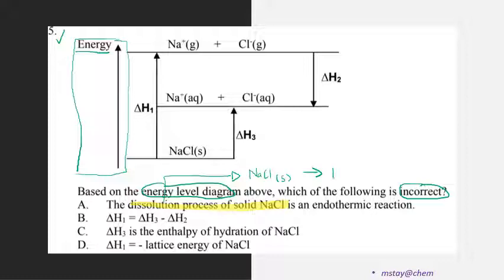Once dissolved in water, it will produce Na+ aqueous and also Cl- aqueous. When we look here, this is the NaCl solid and this is the Na+ aqueous with the Cl- aqueous.